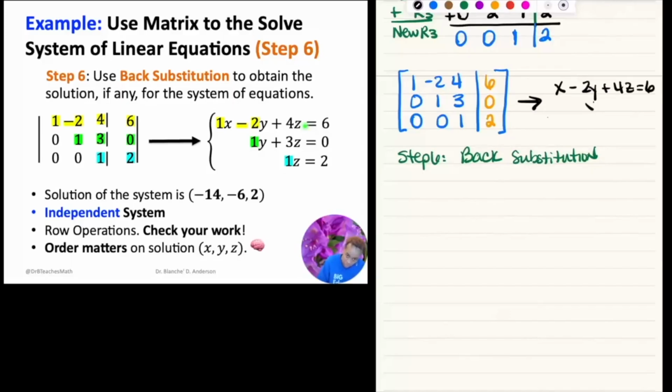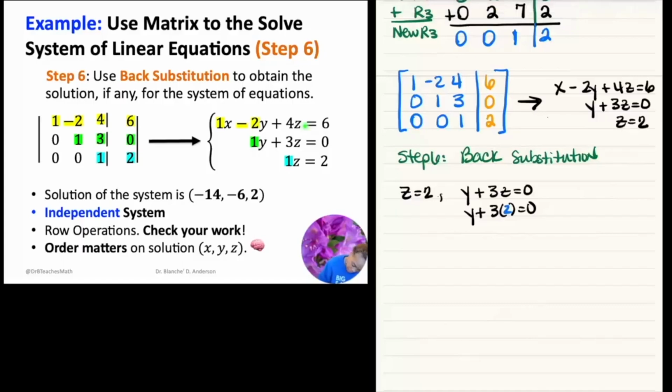This represents y plus 3z equals 0, and then z equals 2. Okay, so if z equals 2, then you have y plus 3z equals 0. So you're going to have y plus 3 times 2, right? So that's going to be y plus 6 equals 0.